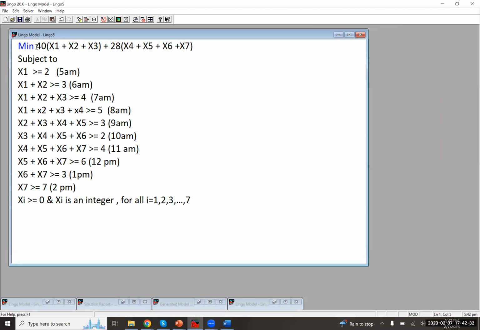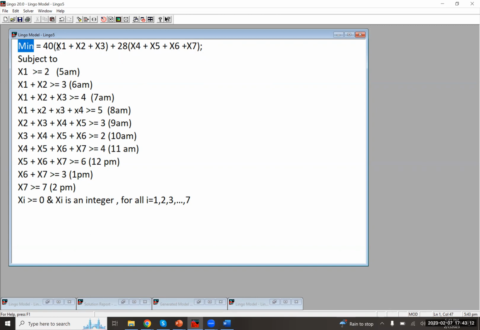You remember Lingo always starts with either min or max. Lingo does not recognize minimize or maximize. After min or max, you need to put an equal sign before you type in your objective function. And each statement in Lingo has to be terminated with a semicolon.